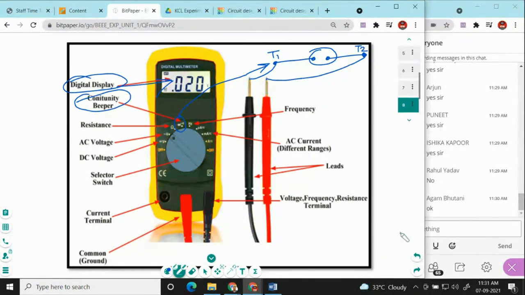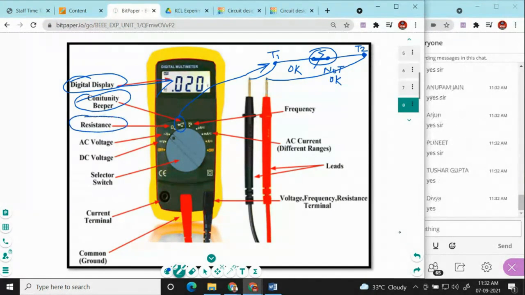When this wire is broken, the circuit is not going to complete, and this buzzer will not start beeping. If the wire is connected, then automatically the circuit will complete, and the beeper will beep. That means your wire is okay. If there is some break, then the wire is not okay.